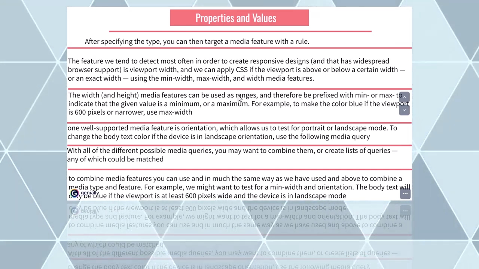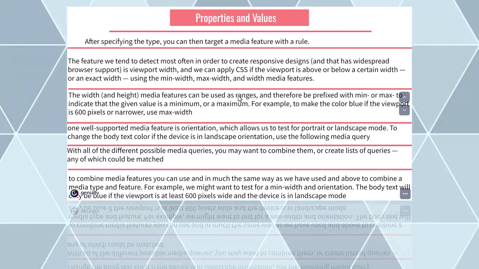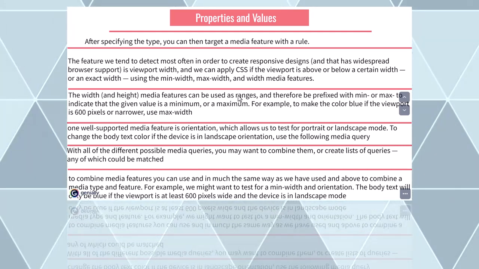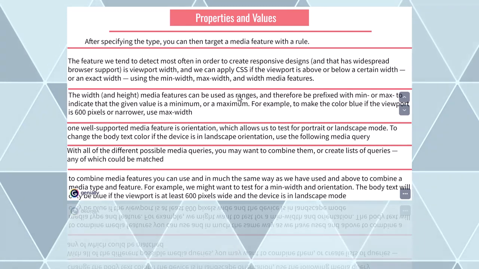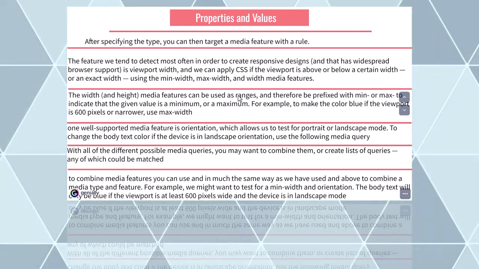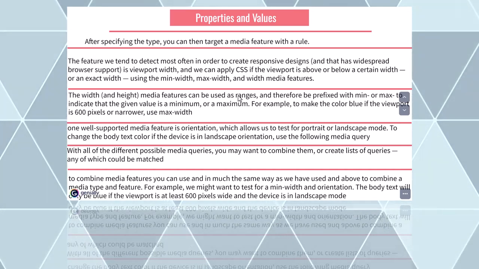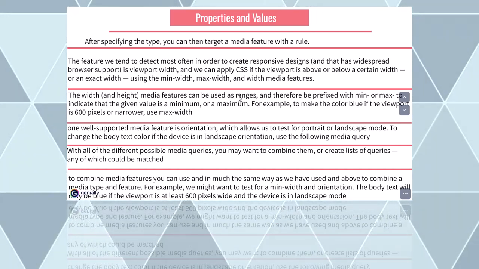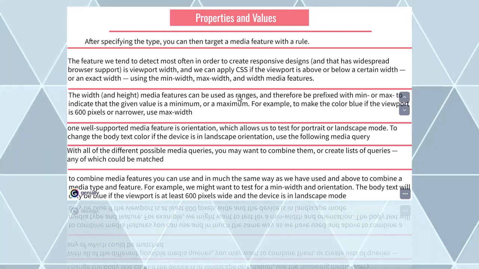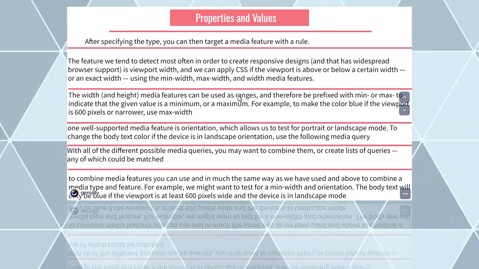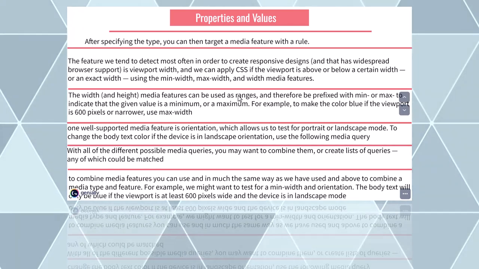Let me read that again. The width and height media features can be used as ranges, and therefore be prefixed with min or max to indicate that the given value is a minimum or a maximum. For example, to make the color blue if the viewport is 600 pixels or narrower, use max-width.